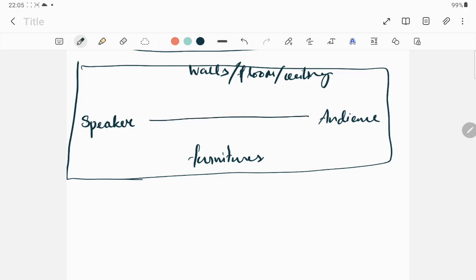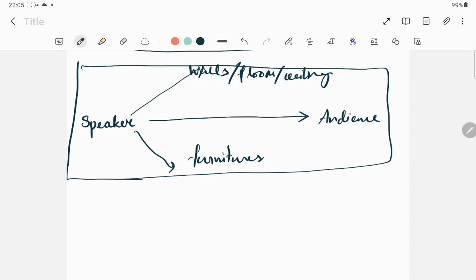So whenever the speaker speaks something, there are so many possibilities. One is that the sound will reach the audience directly. That is very good. Another possibility is that instead of traveling towards the audience directly, the sound may fall on the surrounding walls, because sound will be emitted in all possible directions. It is not supposed to go towards the audience directly.